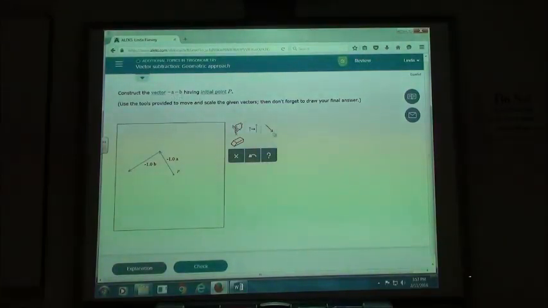Once they're labeled correctly, I take my vector, I start on P, I pull it over to the end of B, and that's what I'm going to have when I'm done. It's a little slow at checking.